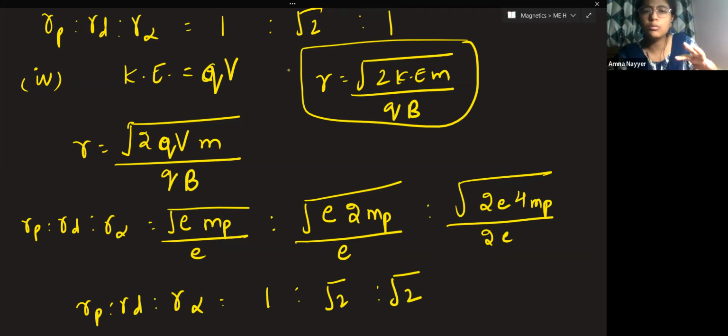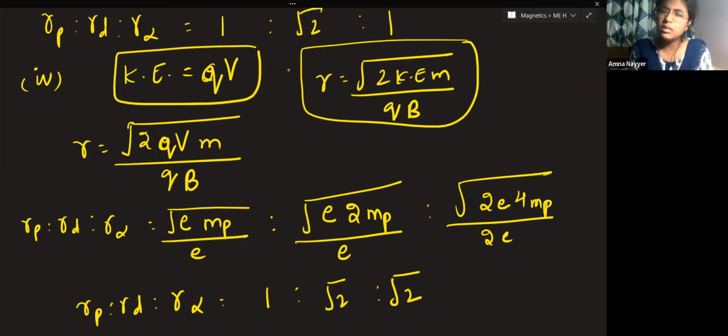We try to write it in such a way that either charge is included or mass is included or magnetic field. All the known quantities are included. And the best possible way to convert kinetic energy in terms of potential is this relation. So for the time being, just learn this relation. This will be helpful if questions come in your half yearly or UT.